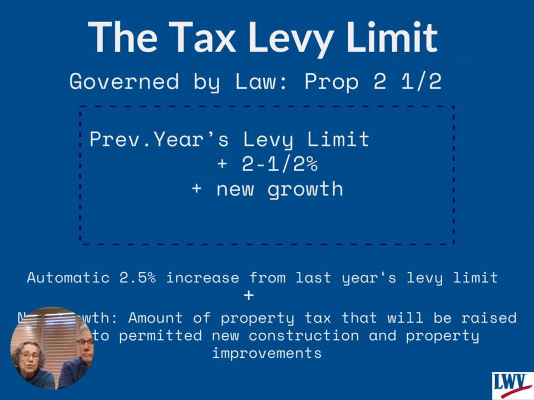New growth is all of the new development and significant property improvements that have happened in the town in the past year. That new development will result in additional property taxes for the town. So, this levy limit is the maximum amount that a town can raise through property taxes unless the limit is overridden by voters.